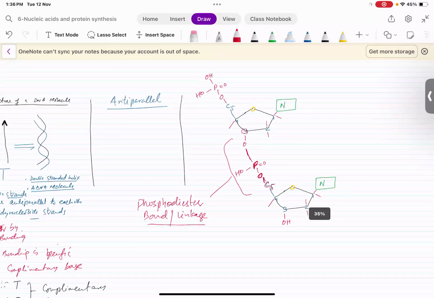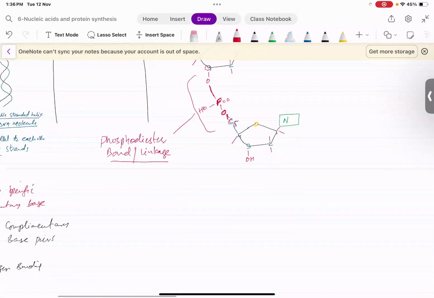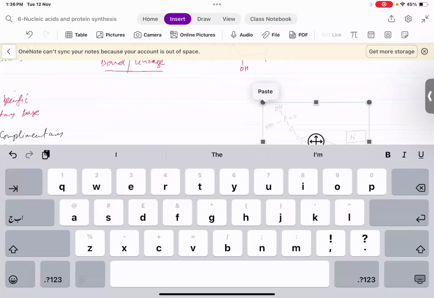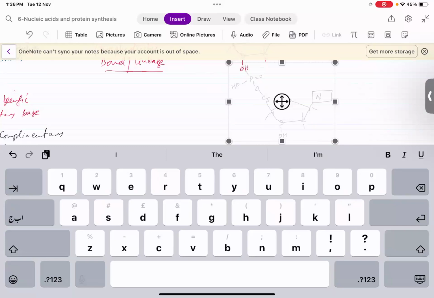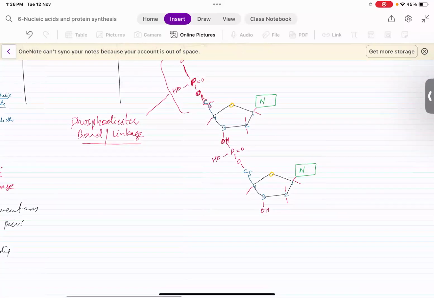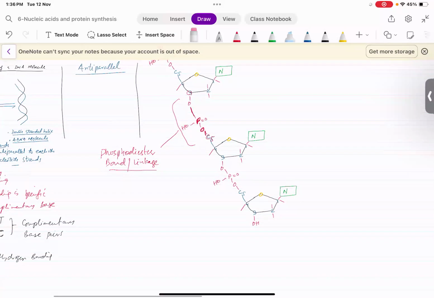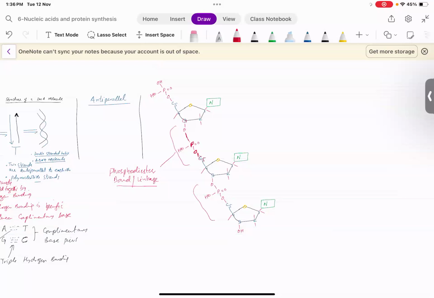Now, if another has to be attached with it, obviously, if there is another attached here, so this is another phosphodiester linkage. So this would make a long chain.